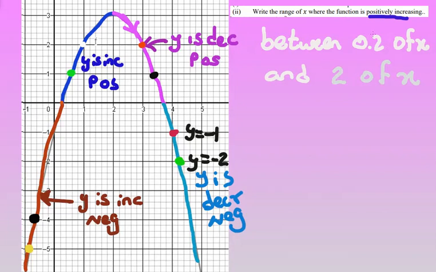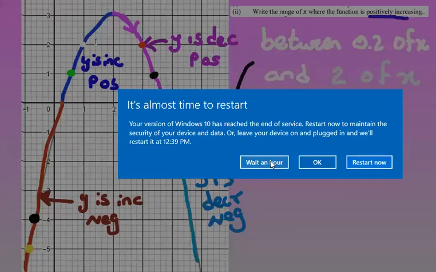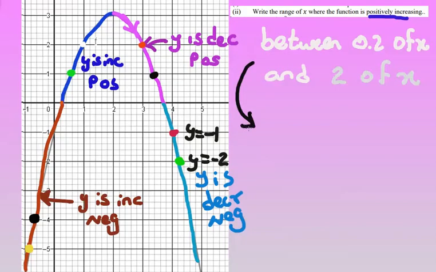Now, you can write the same answer in another way. You can write it as an inequality too. How would you write it as an inequality? Write x in the middle. And which way are you going? You're at 0.2 of x, that's the starting point, and you're going to your right till 2.